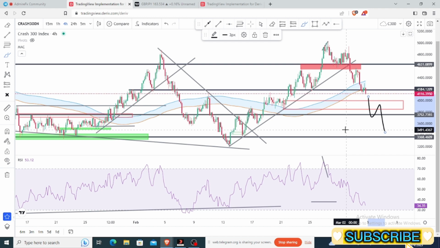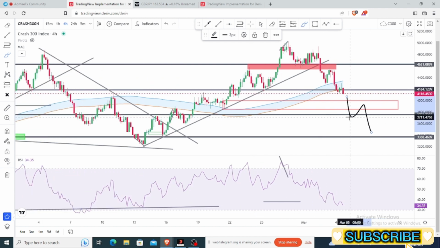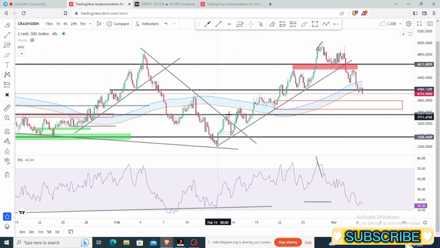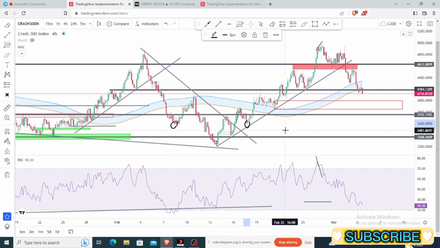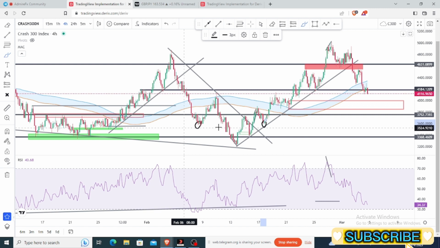And if you look left, you see this area where we have a black line here. You have something like a head and shoulders here, which aided price to push to the upside. When I see areas like this, I don't really take them for granted because it's still a very strong area in which price mostly reacts from.